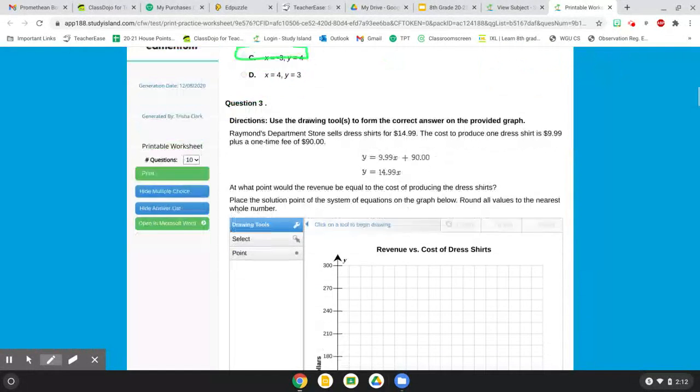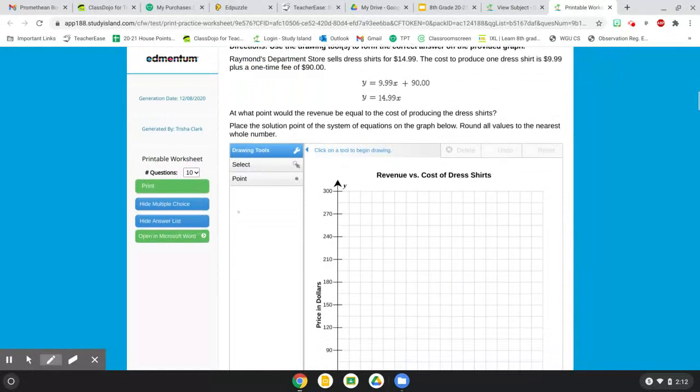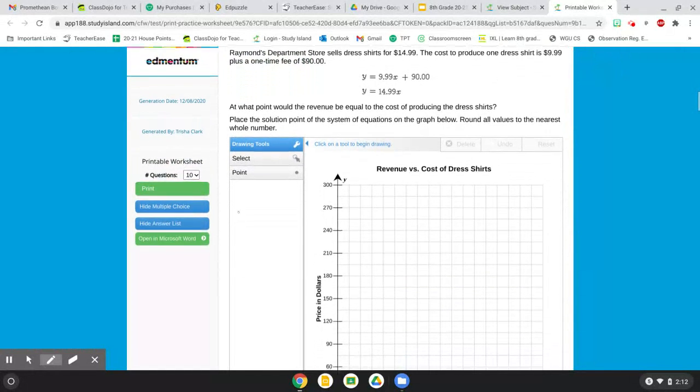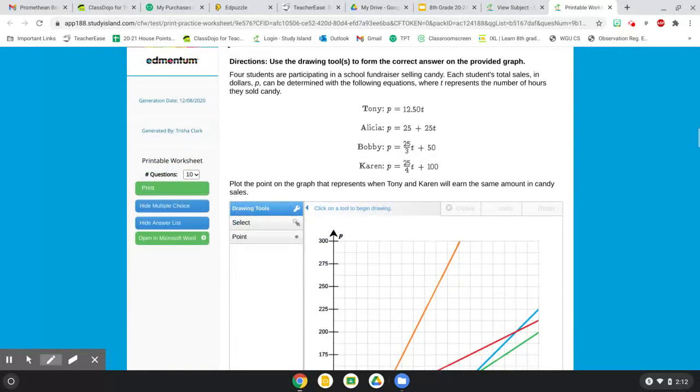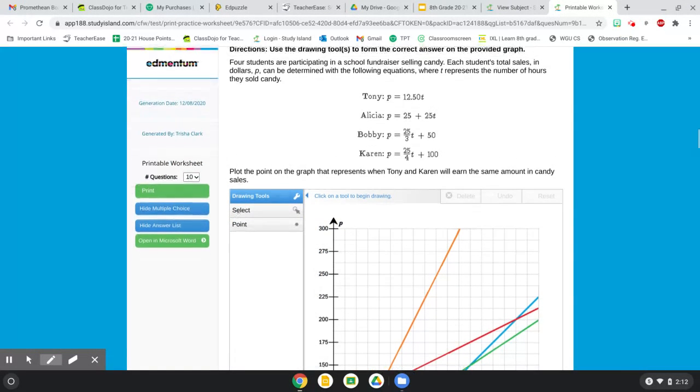All right, the next one. Let's skip that one for now. Let's go here. It says 4 students are participating in a school fundraiser selling candy. Each student's total sales in dollars, P, can be determined with the following equations, where T represents the number of hours they sold candy.